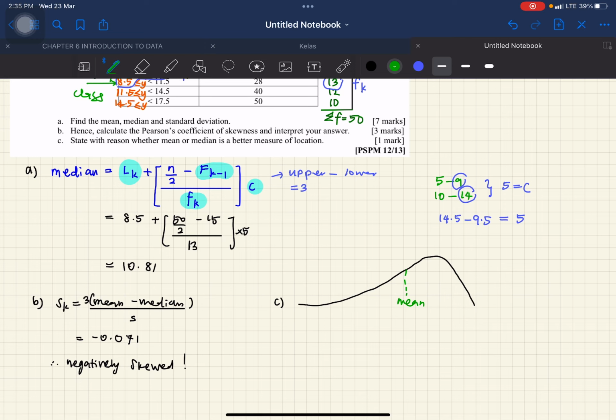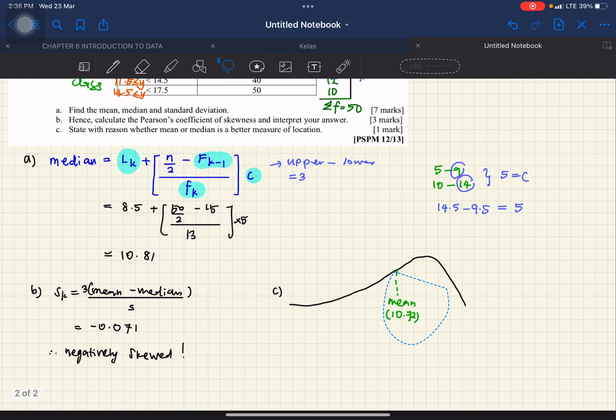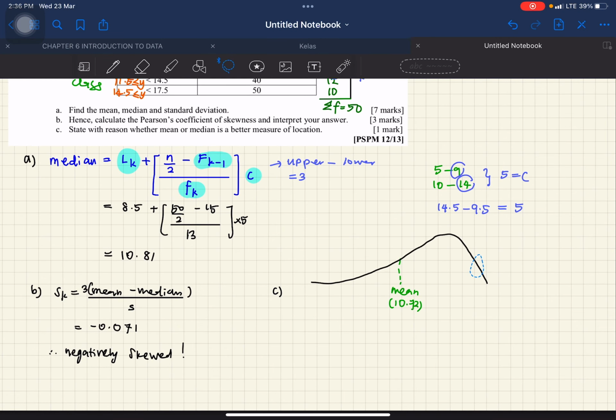Berapa tah mean kita tadi? Sorry, mean kita saya tak cari. So mean nilai dia adalah 10.72. Okay, that is our mean. Okay, so the next value kita ada is median.